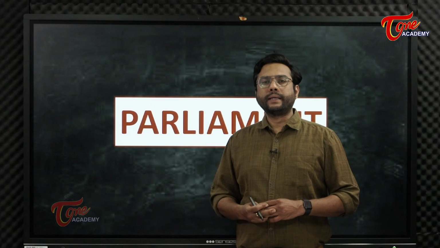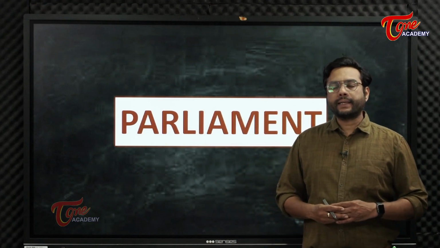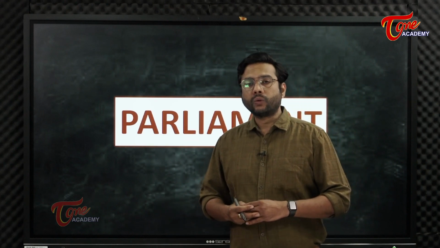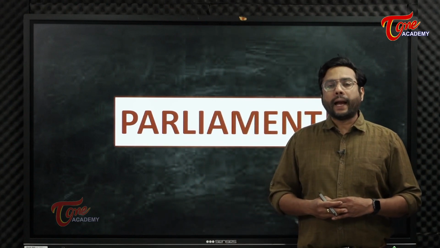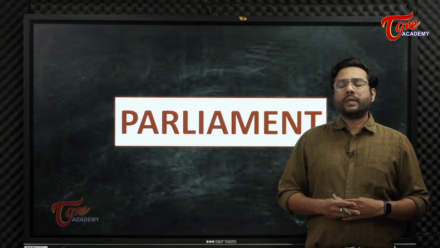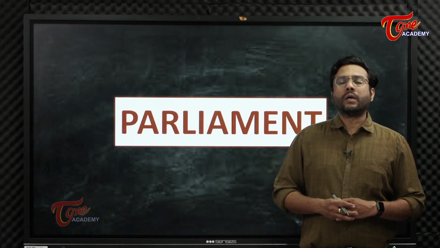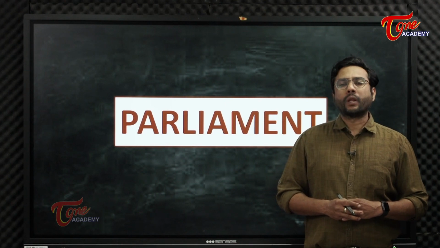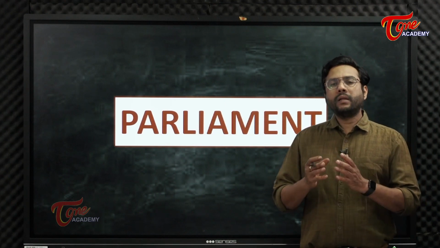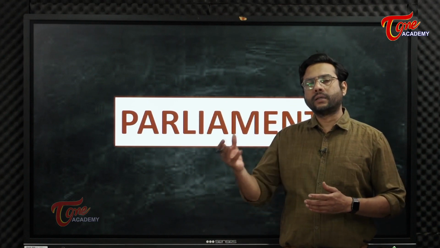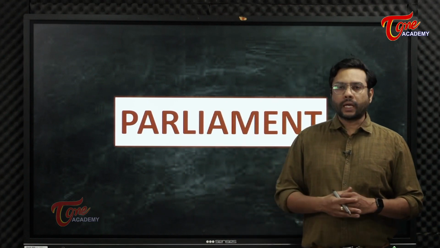Lok Sabha is the lower house, which is directly elected by the people, and we have Rajya Sabha, which is the upper house. We also call it the elders' house, and we know it's the President who is the nominal executive or head of the nation. When a bill is introduced in the Lok Sabha and passed, it is sent to Rajya Sabha.